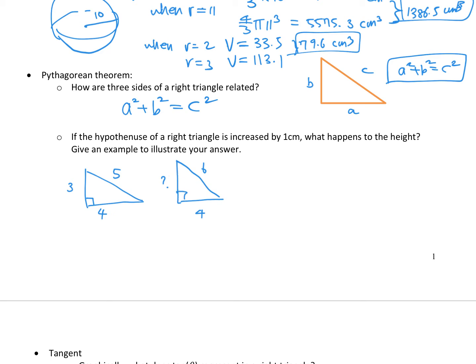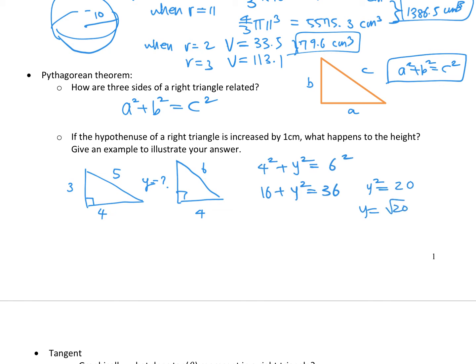So how do you find that? I don't know what this is, so let's call this y, just because it's a vertical distance. I can say 4 squared plus y squared is equal to 6 squared. So 16 plus y squared is equal to 36. That means y squared is equal to, subtracting 16 from both sides, 20. Y is equal to plus or minus radical 20.